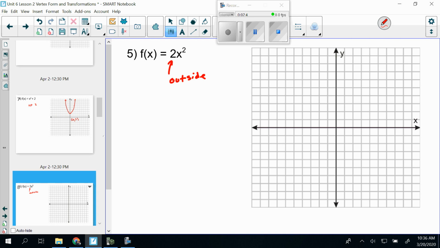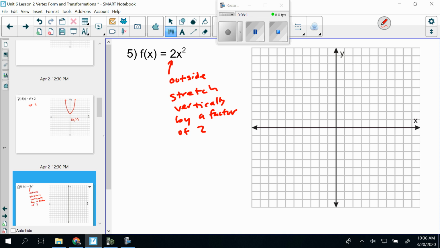But this is going to make it either wider or narrower. Because it's outside, it's going to stretch this vertically by a factor of 2. So anything outside the function is always going to be vertical.